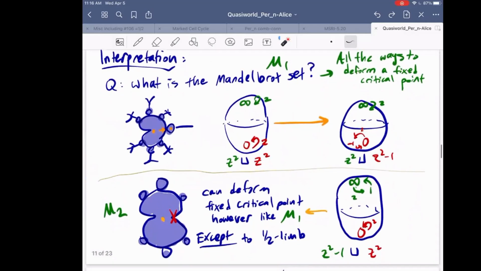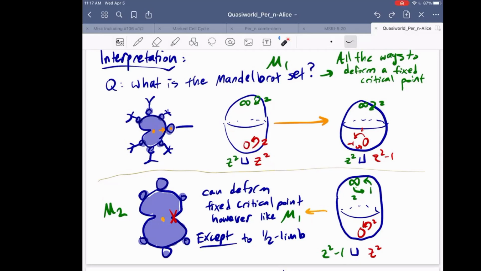The interpretation of this is that we can think about the Mandelbrot set as all of the ways to deform a fixed critical point. So if the central component of the Mandelbrot set has the map z squared, we can think about z squared as being a mating of z squared with itself. So we have one critical fixed point coming from infinity. This is why we're in the variety Per_1(0). But this center component is the simplest one, because it's saying that our free critical point is also a simple fixed critical point.